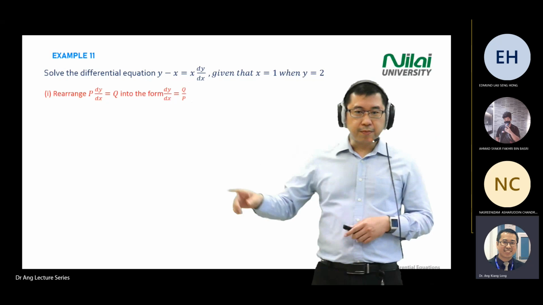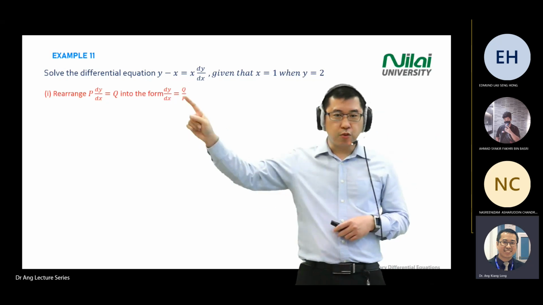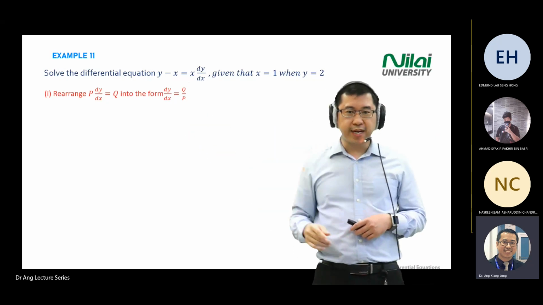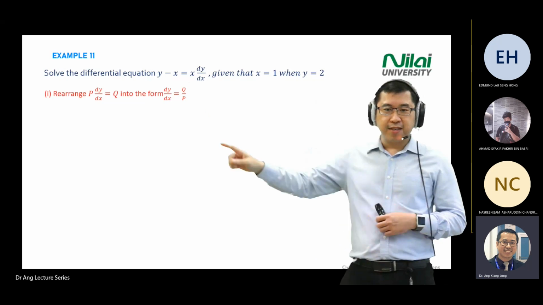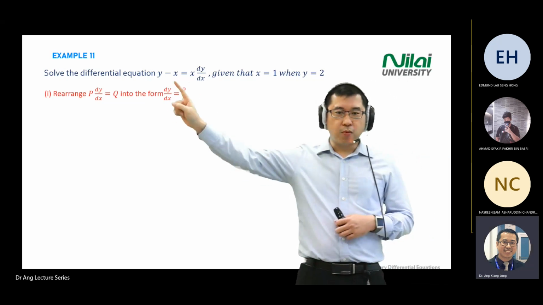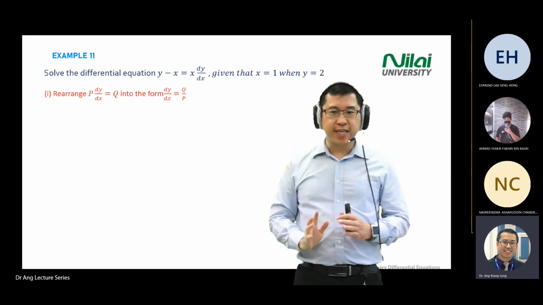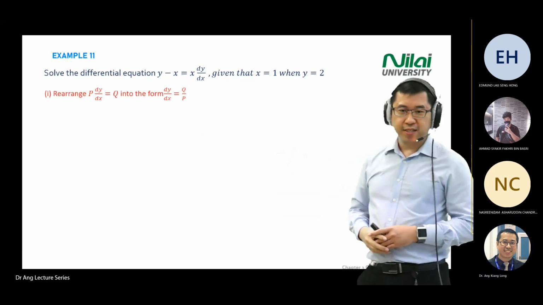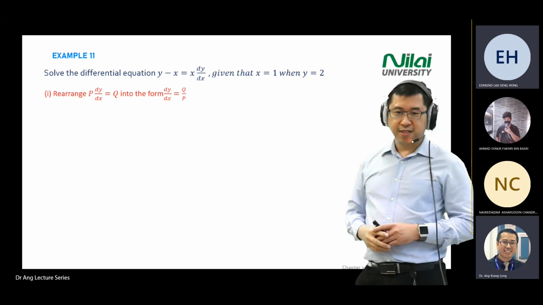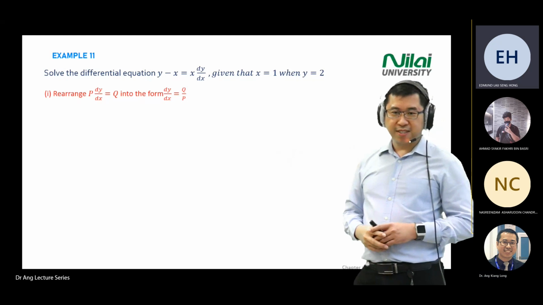So the first step is to put dy/dx on one side. Edmund, you look at the equation given, y minus x equal to x dy/dx. What is the dy/dx equation that you can write? Y minus x over x.